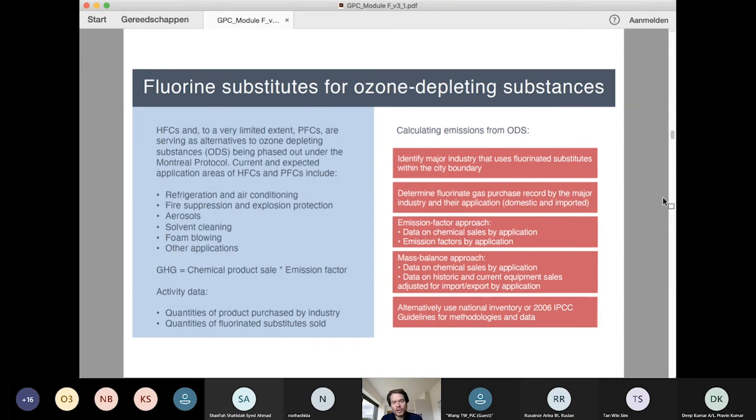You can also use national data and scale it to the city, assuming these products are used equally across your city boundary. This is particularly so from air conditioning in climates like Malaysia. You'll find this is a big source of F gases and greenhouse gas emissions.